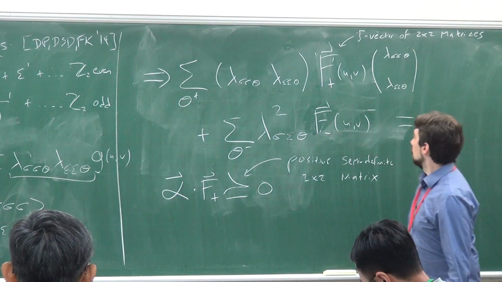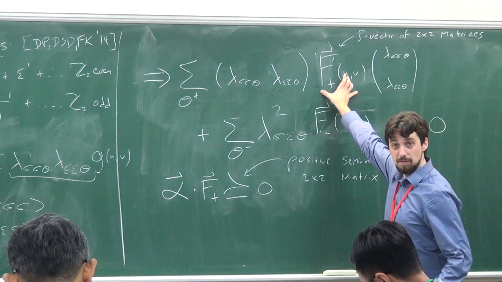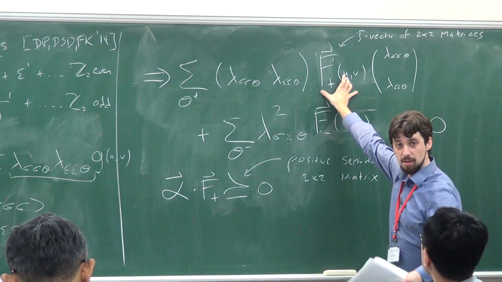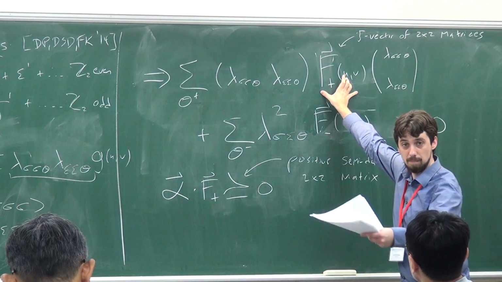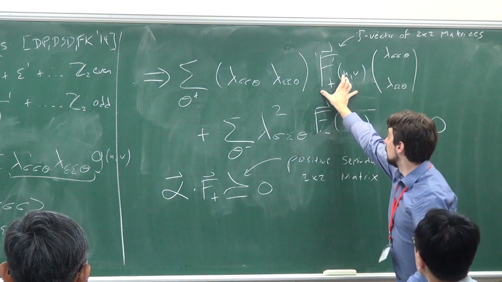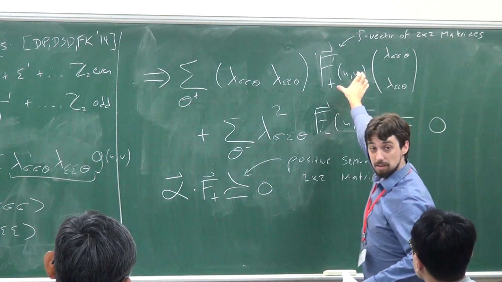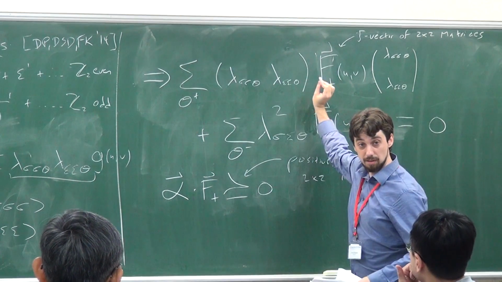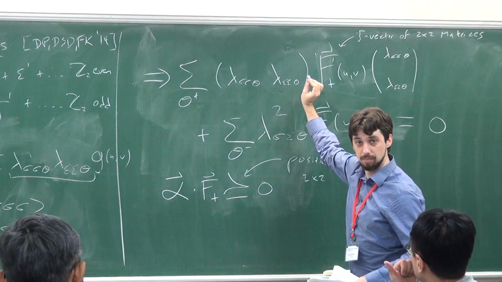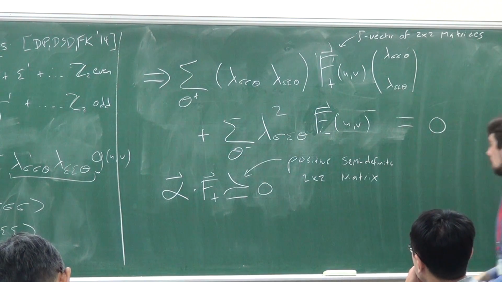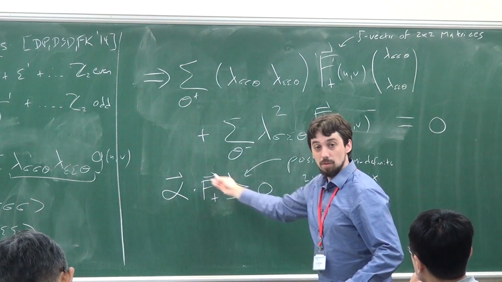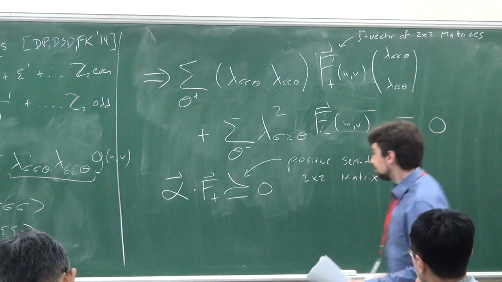And if the functional acting on this is a positive semi-definite matrix, it has eigenvalues which are either positive or 0. And so then if I diagonalize the matrix, then it turns into a sum of positive terms. So this is how I have to generalize the positivity condition.